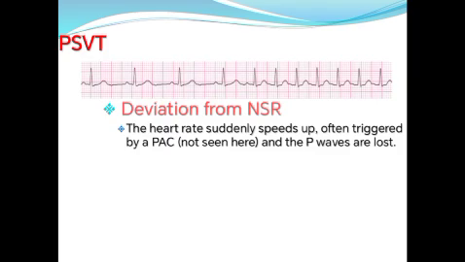There will be a sudden onset of increased heart rate, as you see here. That is the normal heart rate. Then it starts to speed up with a rate of more than 160, regular, and no P wave. So this is supraventricular tachycardia, paroxysmal supraventricular tachycardia.